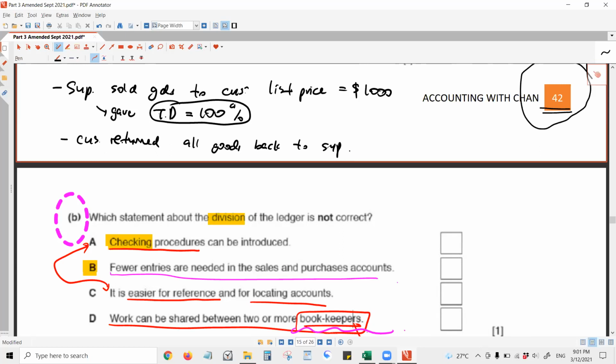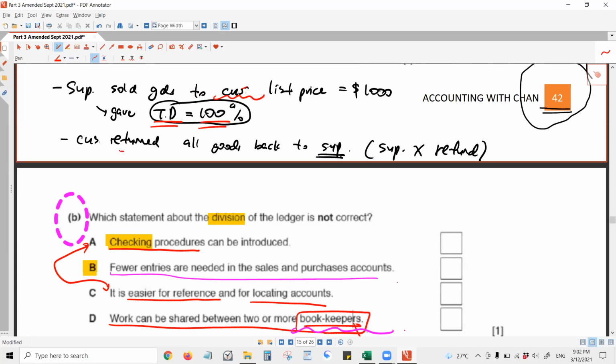If the supplier has to refund some money back to the customer, then the supplier is making a loss. Agree? So the conclusion is the supplier doesn't have to refund, otherwise it's a loss to the supplier. At the point of buying, the customer didn't pay a single cent because the trade discount is 100%.